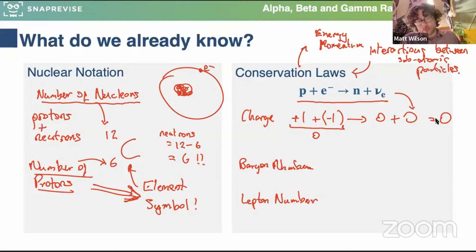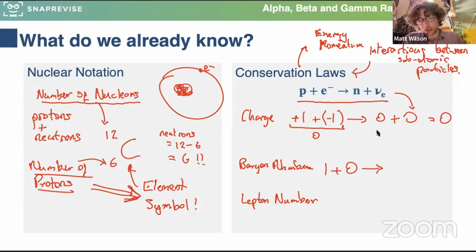So for the other examples, we have this thing called baryon number. So the point is that the subatomic particles are split into things like protons, neutrons, and quarks, which are baryons, and things like electrons, electron neutrinos, which are leptons, and they count differently in conservation equations. So for instance, the proton is a baryon, it has a baryon number of +1. The electron has nothing to do with baryons, so it has the baryon number of 0.